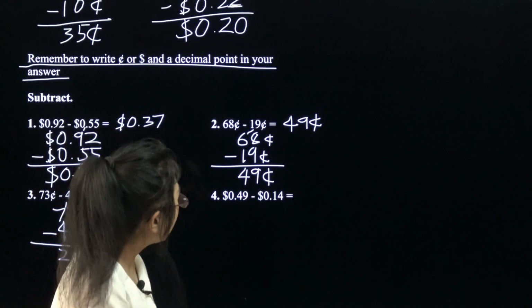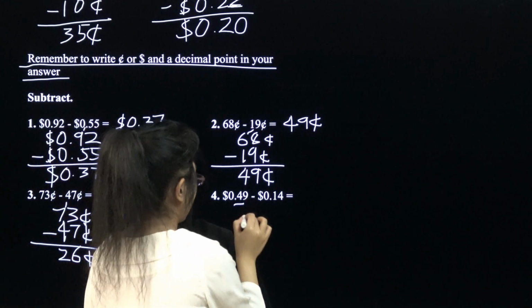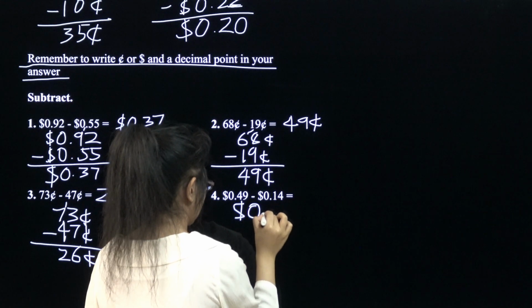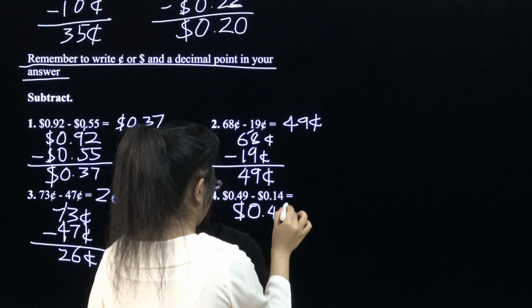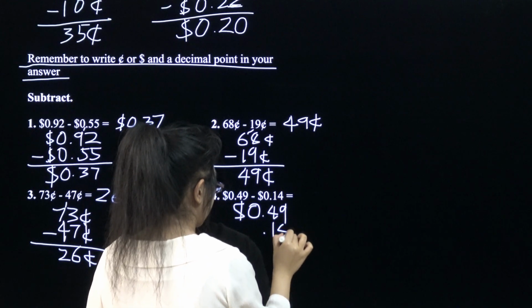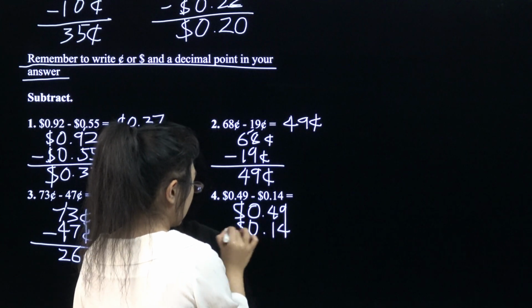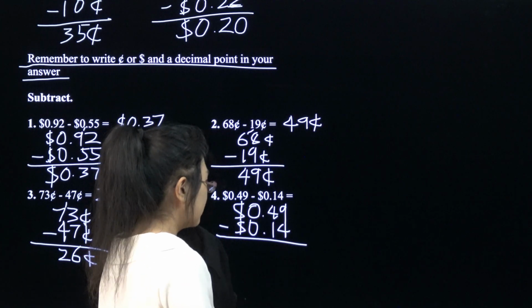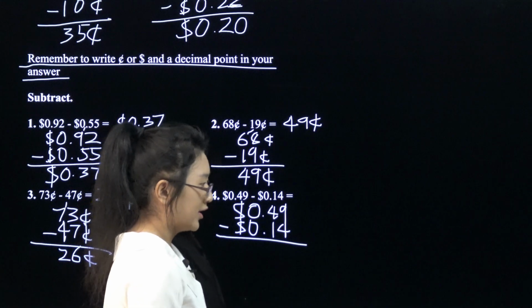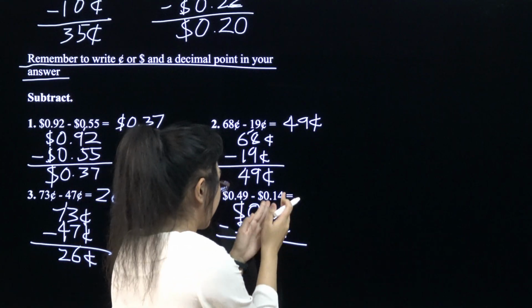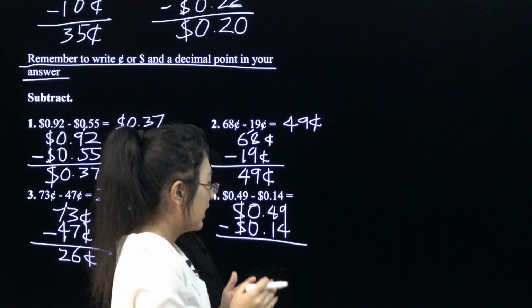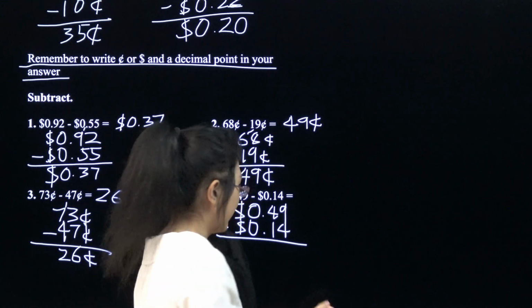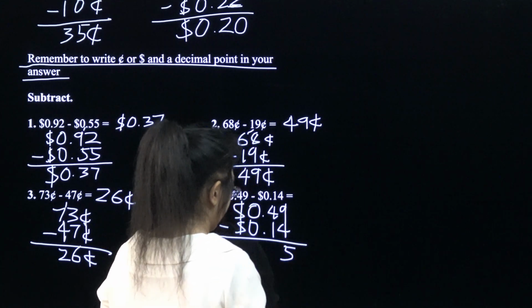And over here we have our dollar decimal point form. We line up the decimal points and we subtract. After we line up the decimal points, we start from the right. We get 9 minus 4. 9 minus 4 is 5. We don't need to regroup.